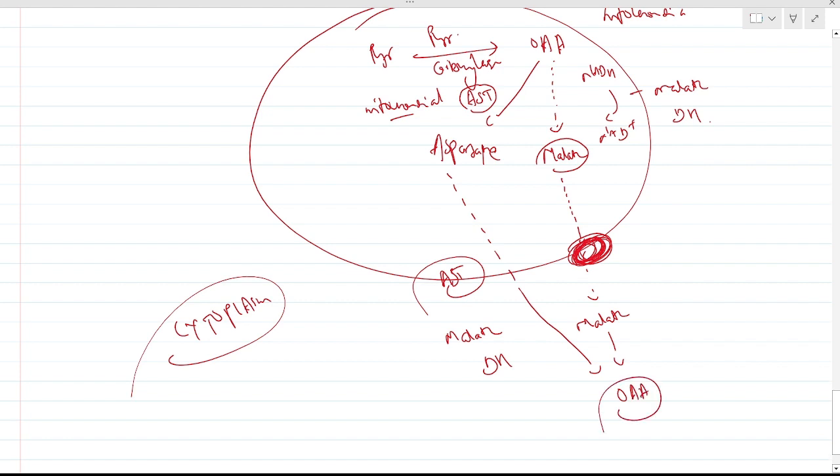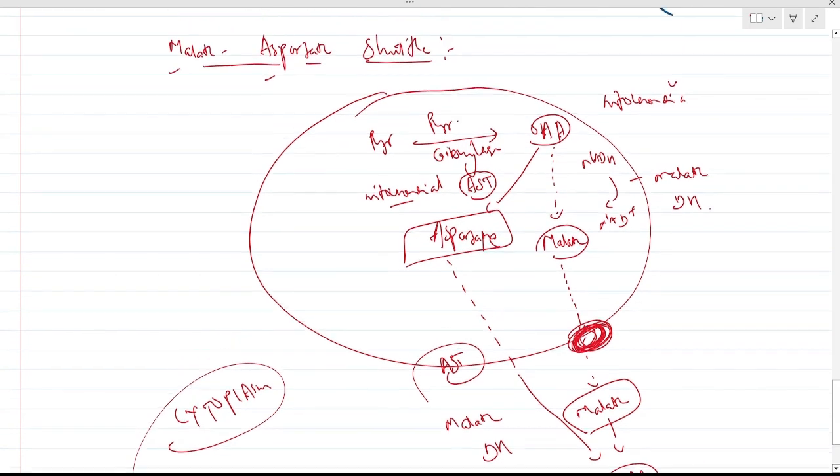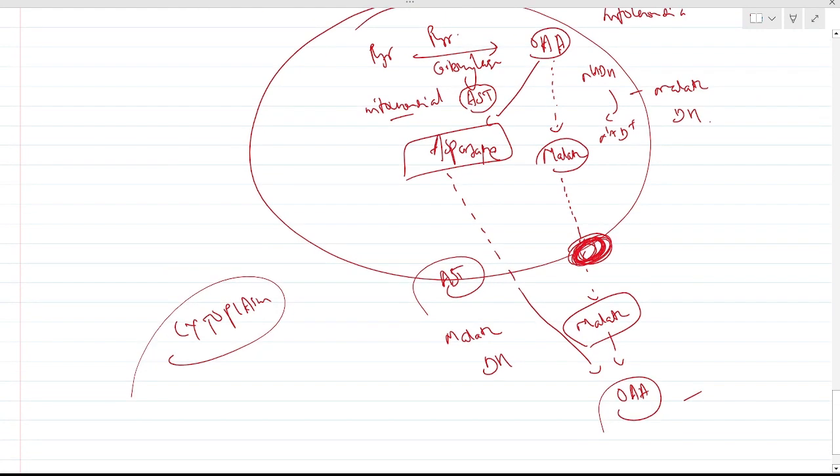The oxaloacetate that is formed here is moved back to the cytoplasm from the mitochondria through formation of aspartate and malate, through the enzymes malate dehydrogenase and mitochondrial AST. So this is the total gist of the malate aspartate shuttle. The shuttle is used to remove oxaloacetate from mitochondria to cytoplasm.